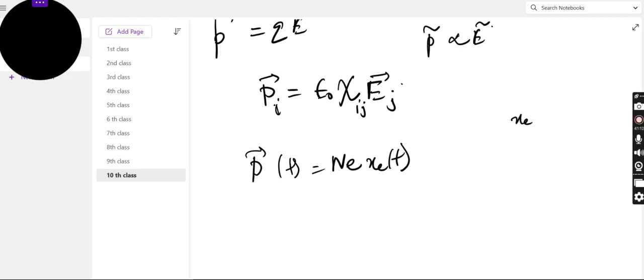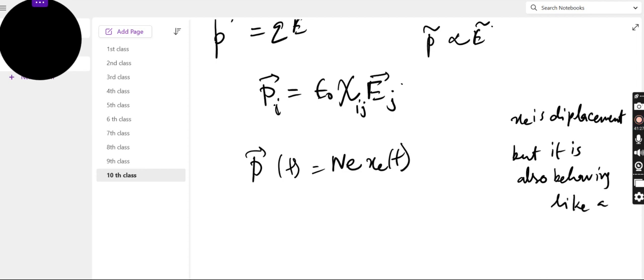So x is displacement, but it is also behaving like an oscillating electric field. Because remember, this N is the number of particles in a volume, and e is the charge of electron, and x is its displacement.